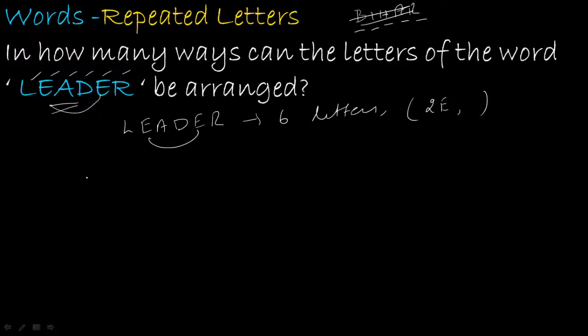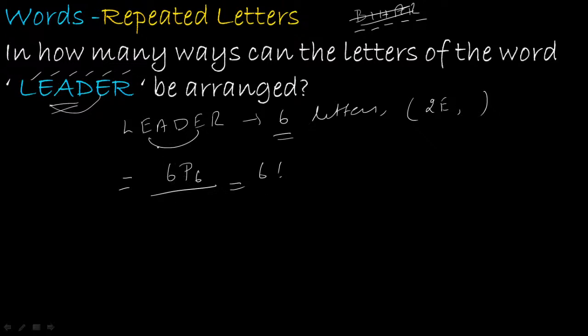The required number of ways is, as usual, the number of all permutations of 6 letters taken all at a time, that is 6P6, that is 6 factorial, divided by something. If the letters are non-repeated, your answer is 6 factorial.